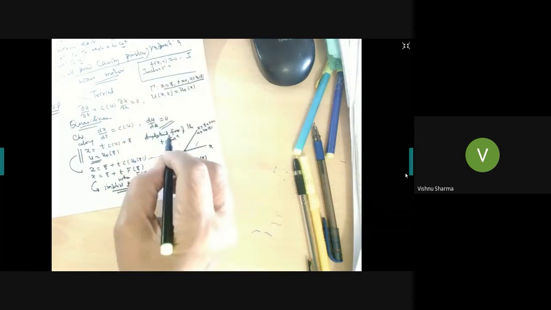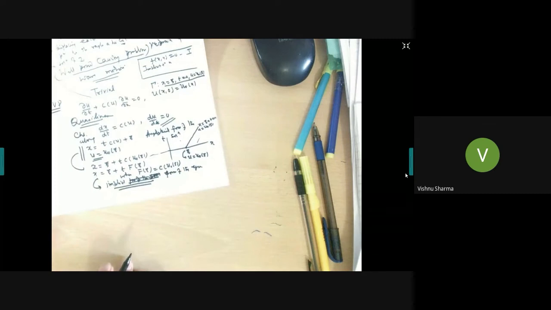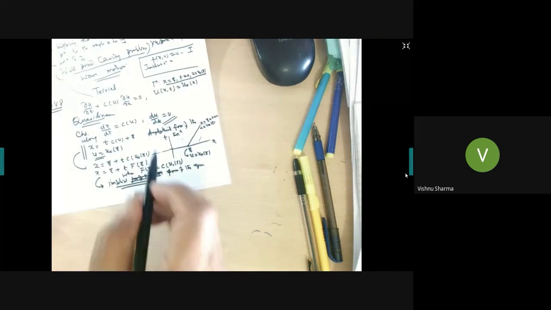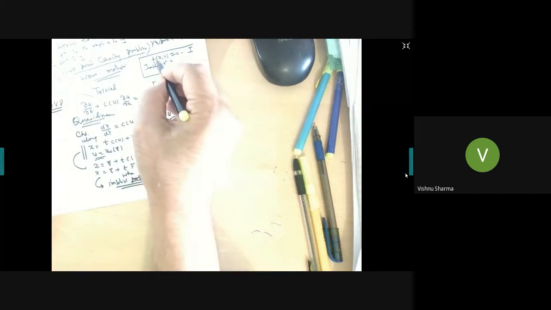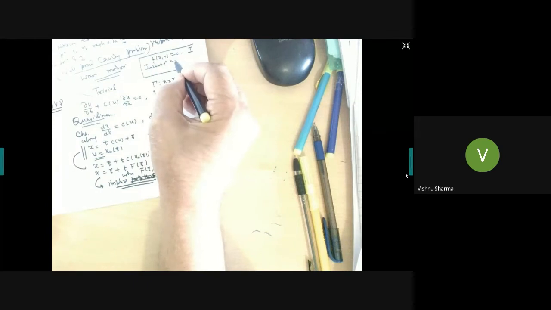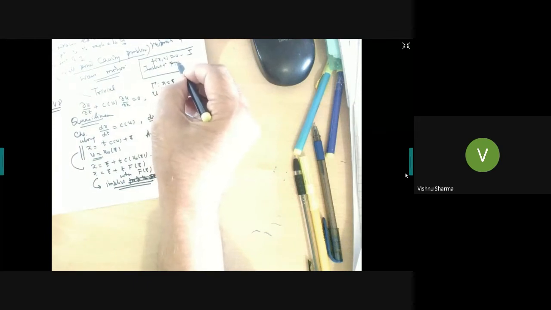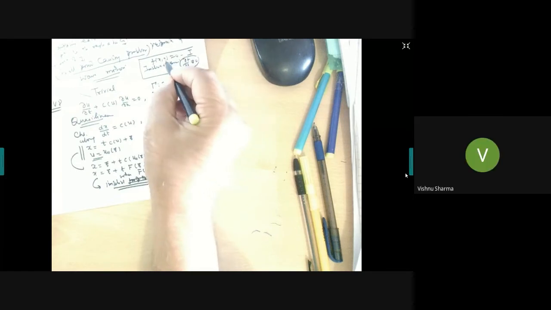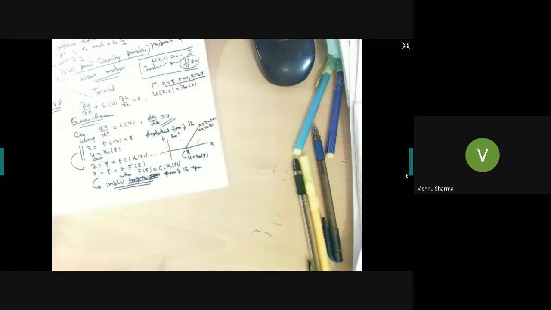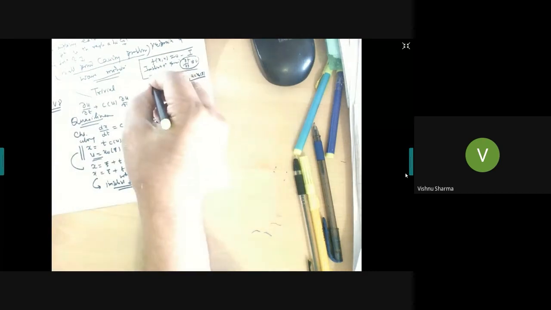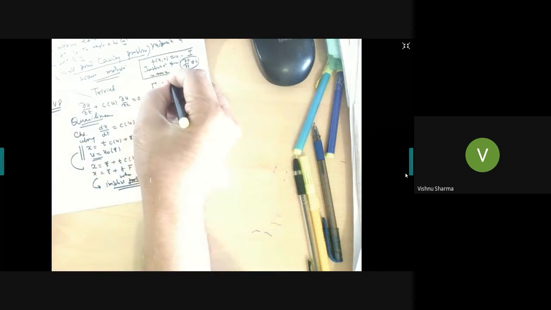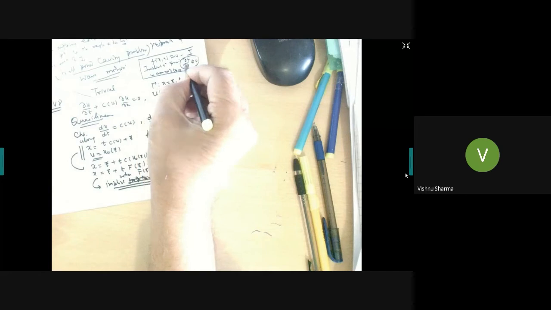What does it say? The implicit function theorem says that y can be expressed as a function of x provided, tell me, what is the condition? The partial derivative of f with respect to y must not be equal to 0, in some neighborhood of the point x, y. Right?